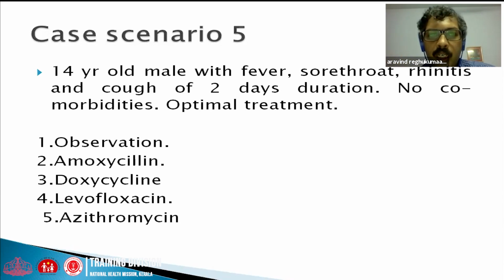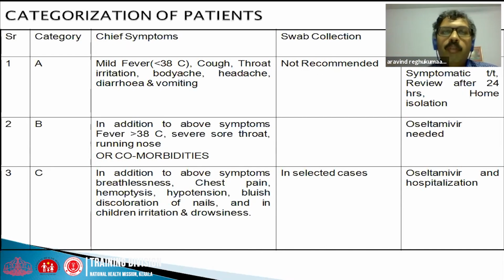So this is a 14-year-old without any comorbidities, a clinically stable patient. What will be the optimal treatment in this case? Basically, it is going to be observation only. Watch for red flag signs. Everyone will know this categorization of A, B, C. That is for influenza. We have adopted this categorization for COVID-19 also, so that the ground staff will be familiar.